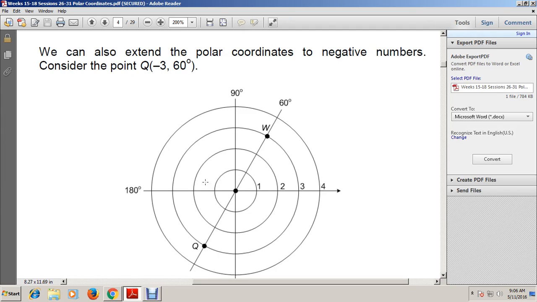Now, notice if you compare the two examples, the first example is point W, which was measured as 3 and 60 degrees. The other example, point Q, is negative 3, 60 degrees. Notice that both examples make use of 60 degrees, and 60 degrees is considered positive.